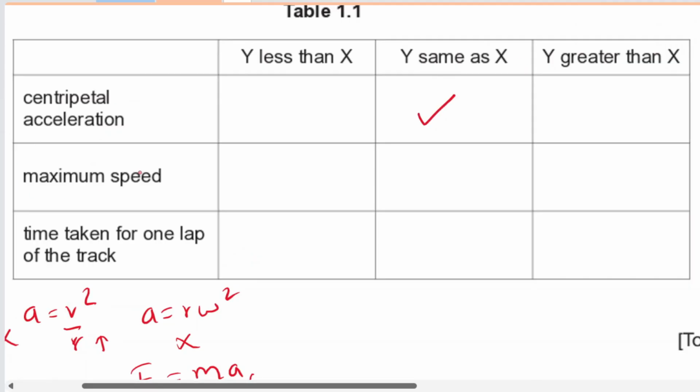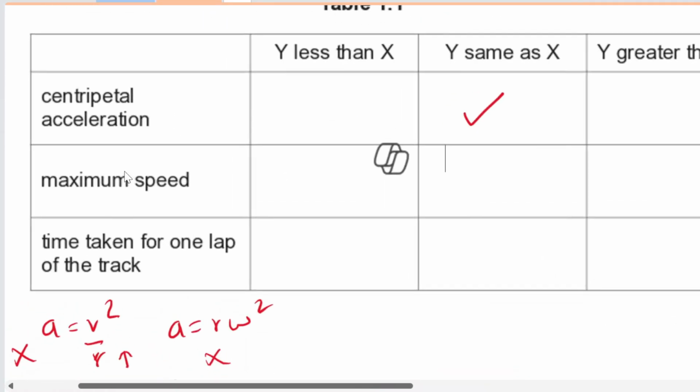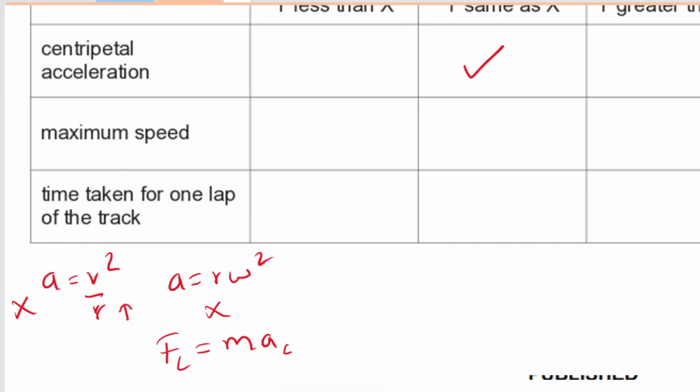Okay, let's go to the maximum speed. Now again, the first thing is formulas. So try to identify formulas for this. We can just see one of them right here. a equals v squared over r, and we know that acceleration is the same for both of them. How about the speed v? What changes it is r.